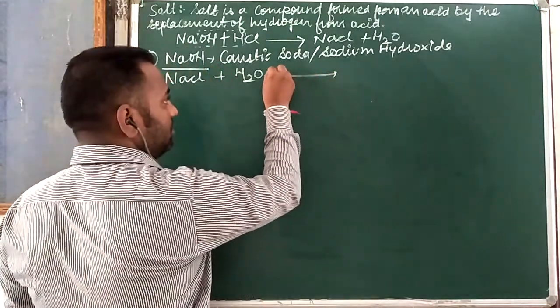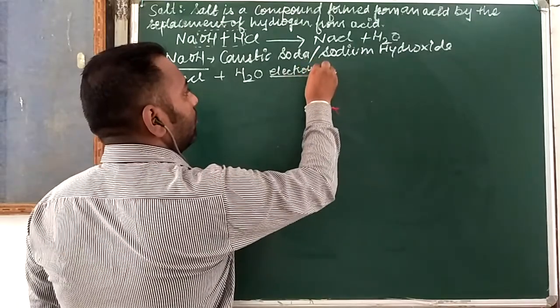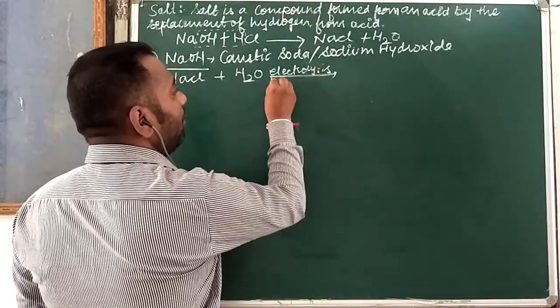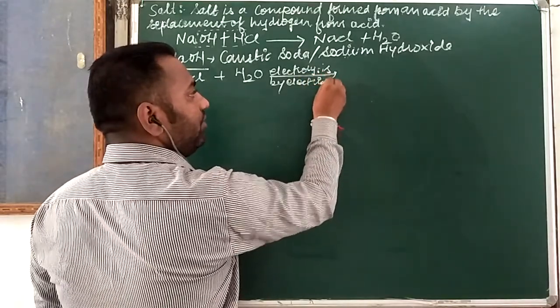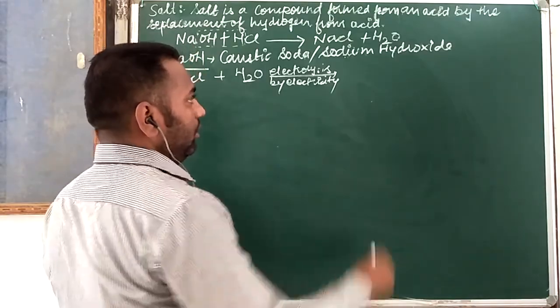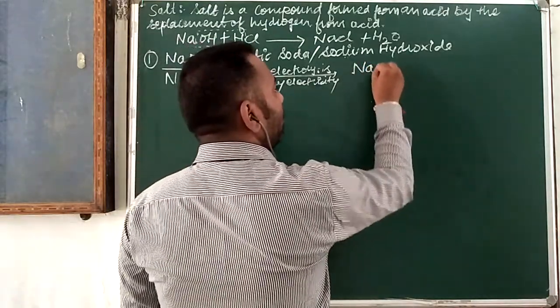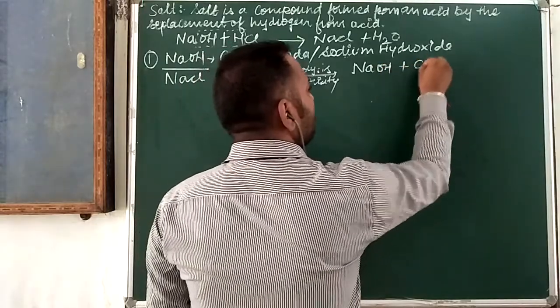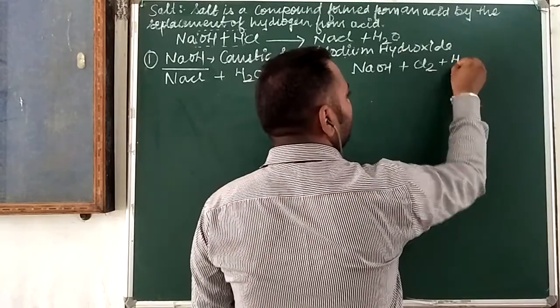Then the process is electrolysis, which we perform in the presence of electricity. Then NaCl plus H2O gives NaOH plus Cl2 plus H2.